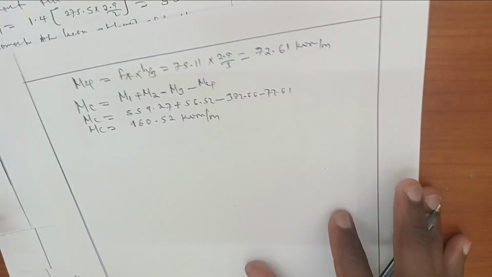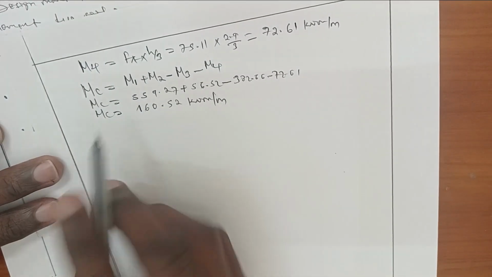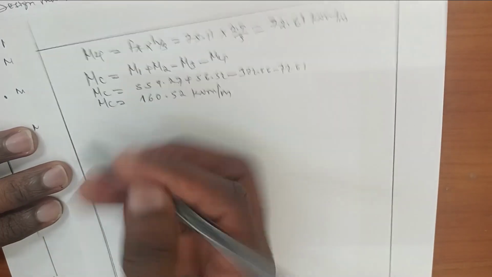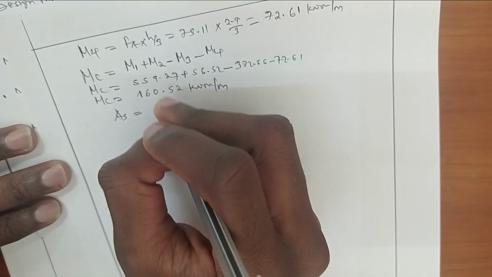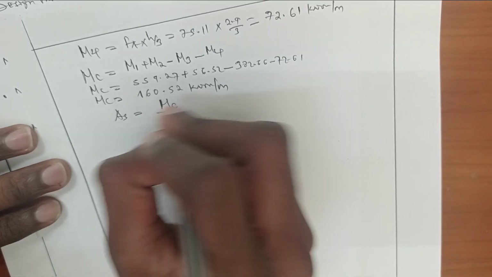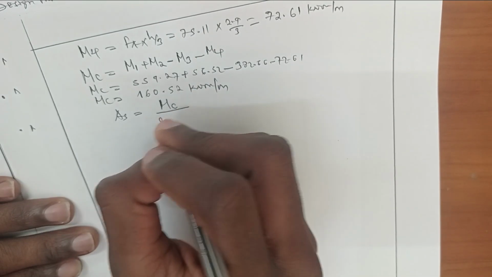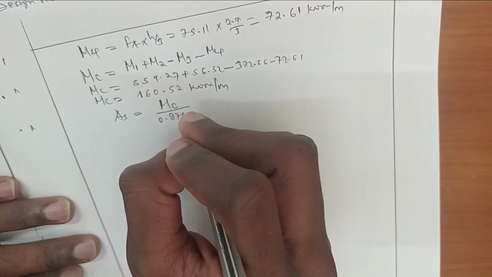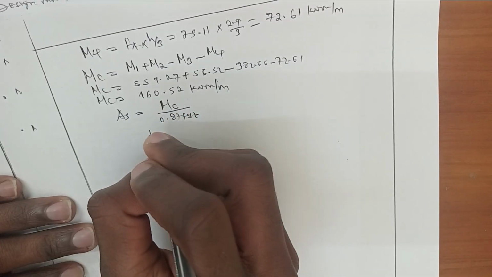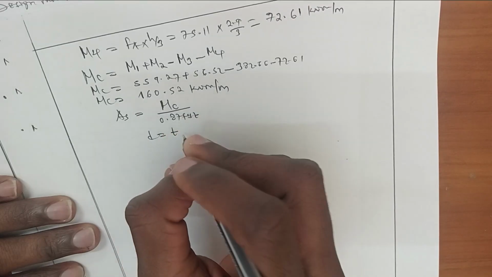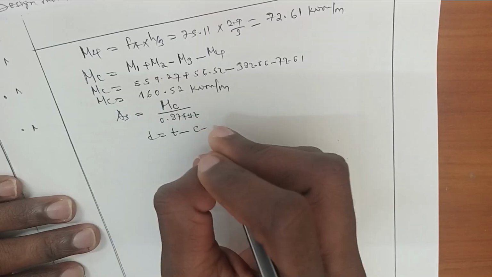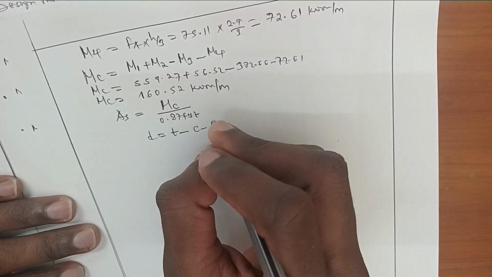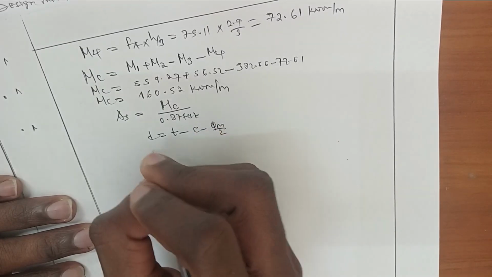After obtaining the maximum design moment at point C, now let's determine the reinforcement for the heel slab. Area of reinforcement is obtained by taking design moment at C over 0.87 fy z, but first the effective depth, which is obtained by taking thickness of stem minus cover of the base minus main bar diameter divided by 2.